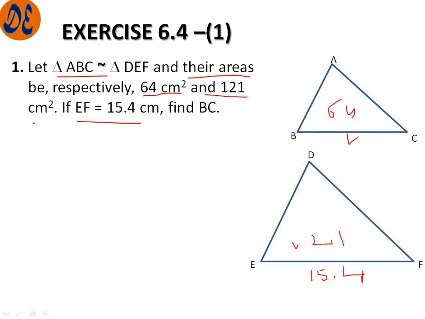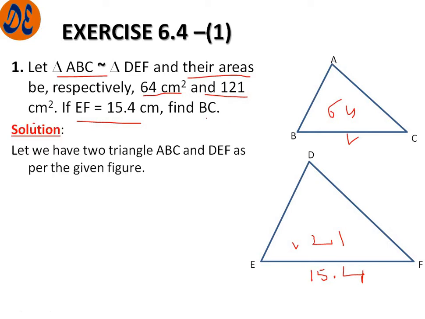Now we have just proved the relationship between the sides and the areas. What was the theorem? Accordingly we will use that. So let us have two triangles ABC and DEF.